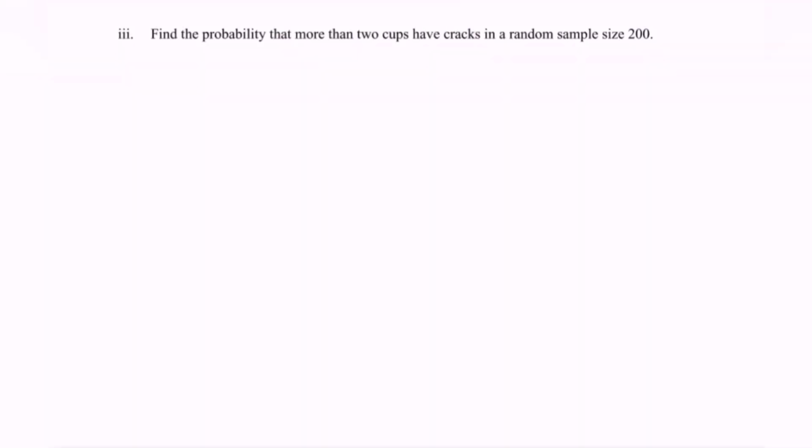Number 3. Find the probability that more than 2 cups have cracked in a random sample of size 200. So X is binomially distributed with 200 as n and 0.04 for the probability of a crack. Next, the probability that more than 2, so X is greater than 2 as in the question.